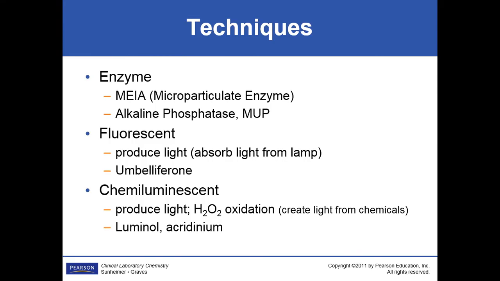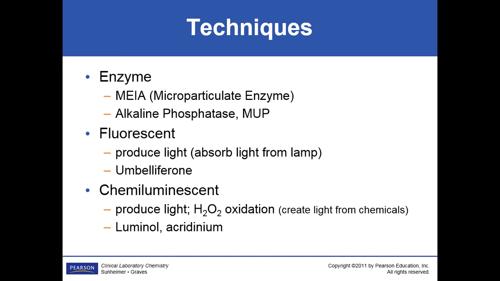Three main techniques that we're going to introduce. Enzymes, you will see it's abbreviated as a microparticle enzymatic immunoassay. And we use MUP, which is a phosphatase, alkaline phosphatase. This is chapter 5. Okay.